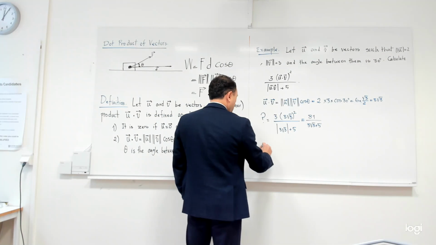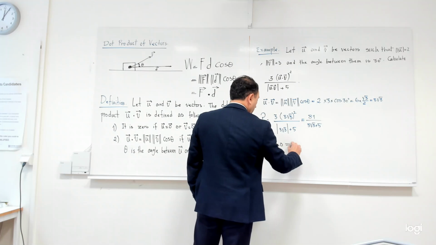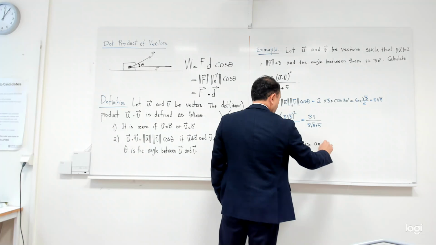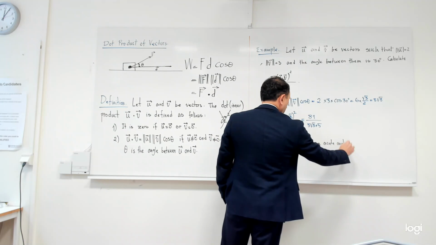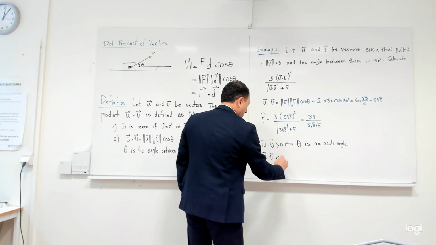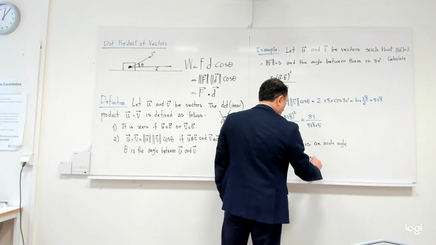u dot v is positive if and only if theta is an acute angle. Yes? And I can say that u dot v is negative if and only if theta is an obtuse angle.